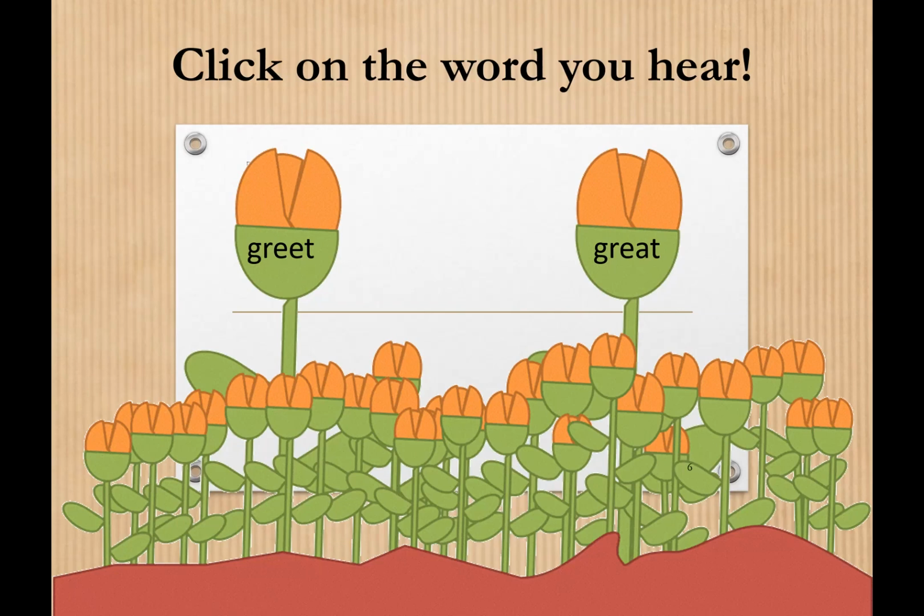Great, look, great. The first or the second flower? The first. Good job. Very good. So that is the first flower. Great, not great, right? Because the second flower here is great. And this is an exception. We will talk about that.